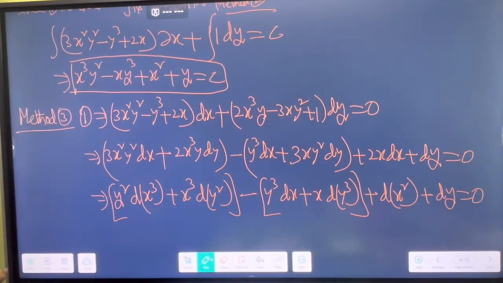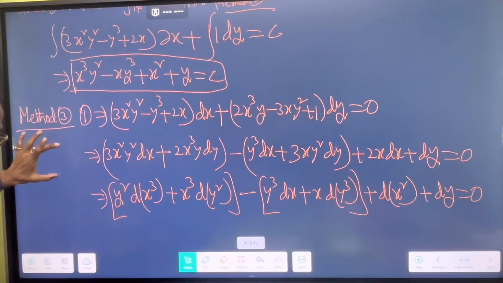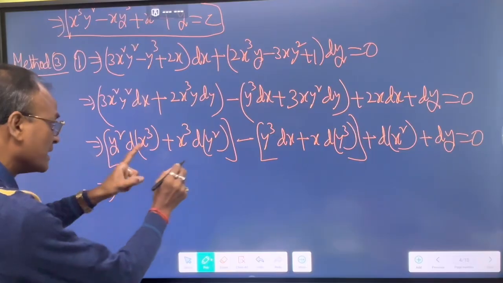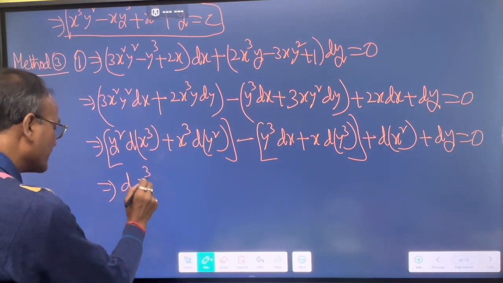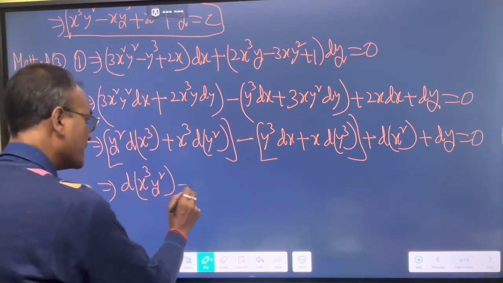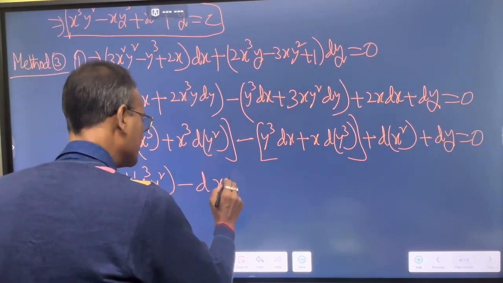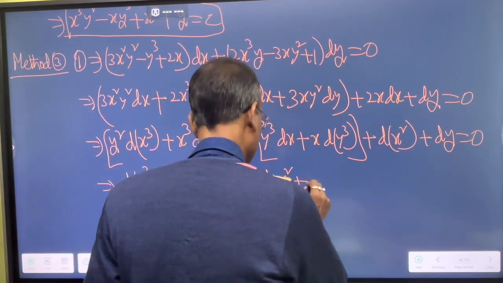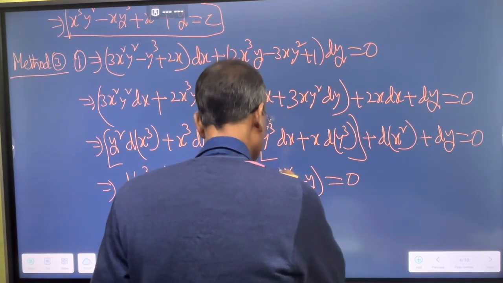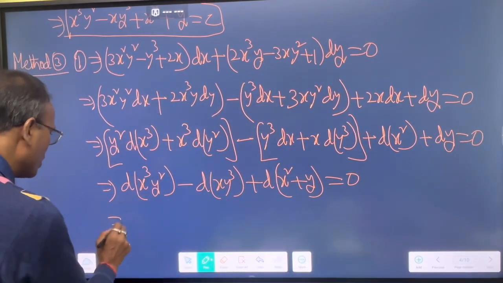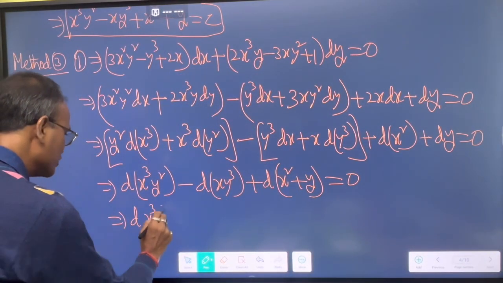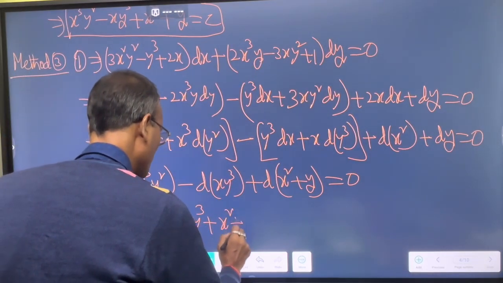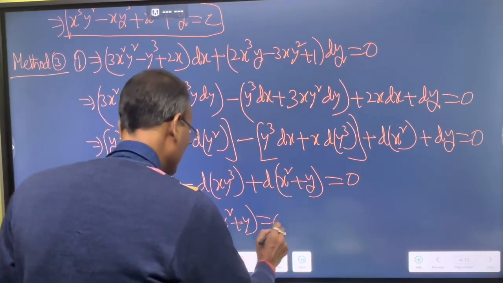So d of x³y² minus d of xy³ plus d of x² plus y is equal to 0. Or d of (x³y² − xy³ + x² + y) is equal to 0.